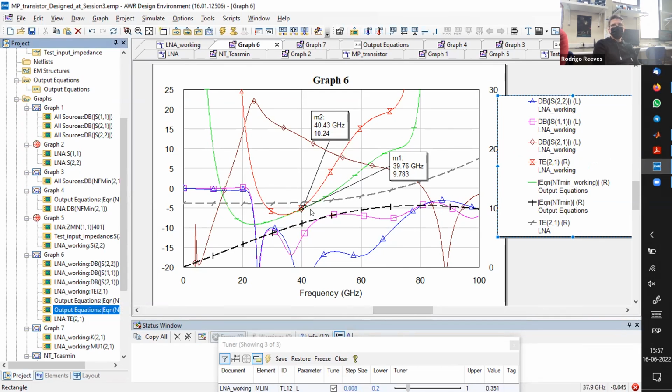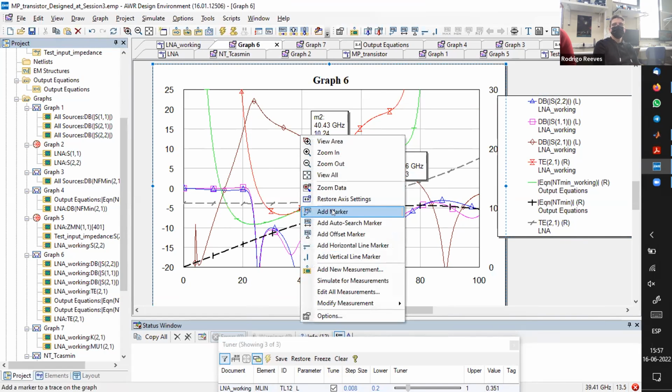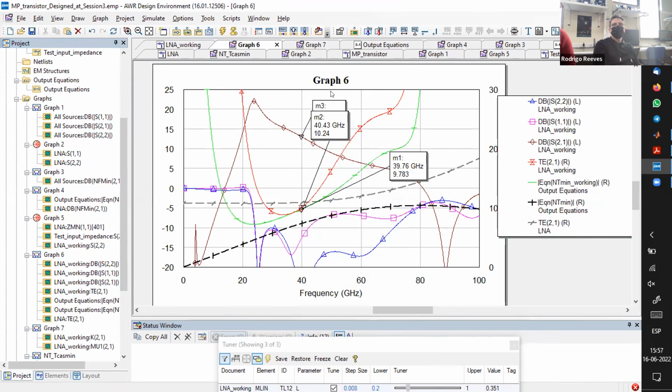The expected gain was around 7 dB for a single transistor matched to optimum noise. So for a two-stage amplifier it should be around 14 dB or less, and that is also there. But the ugly thing is that peak at 25 or 26 gigahertz.